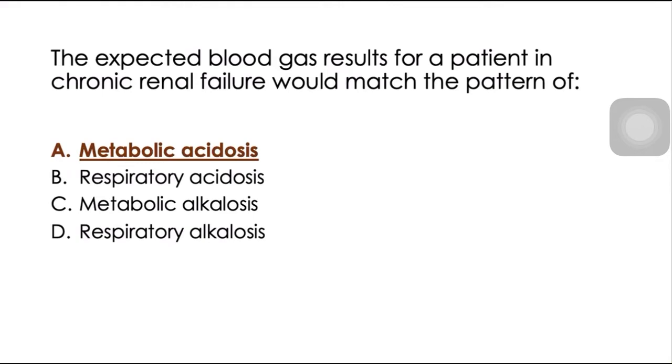Next, we also have respiratory alkalosis. Sa case naman po ng respiratory alkalosis, then may case naman ng hyperventilation resulting to low PCO2 kasi nag-hyperventilate, no, resulting to low PCO2. So, respiratory alkalosis. Ano po example niyan ng mga hyperventilation?